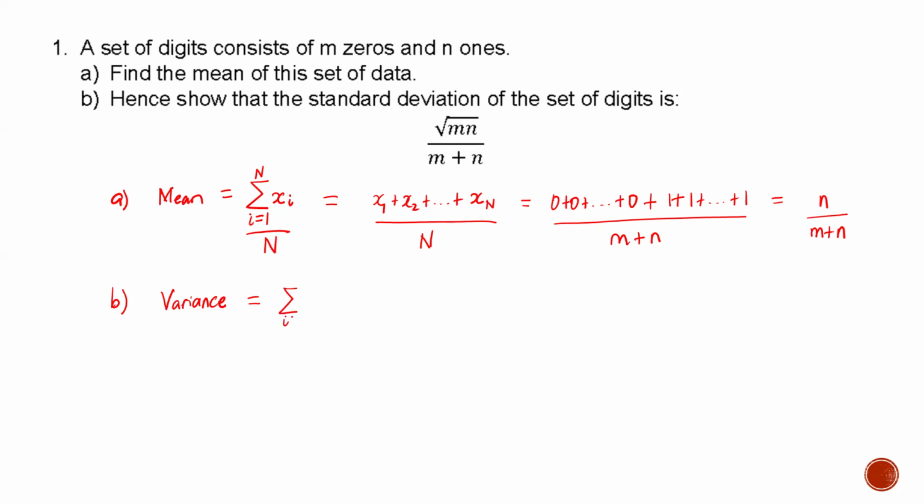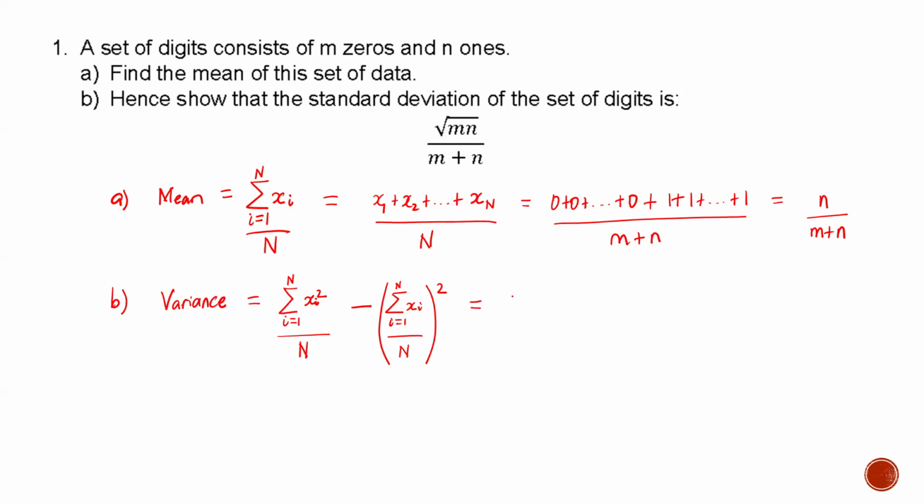So in other words, in this particular case we have the sum of xi squared up to n. We're dividing this by n, and then we're subtracting the mean squared. That's what the variance is.